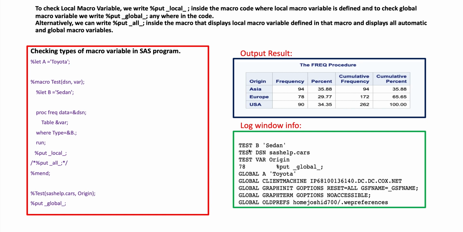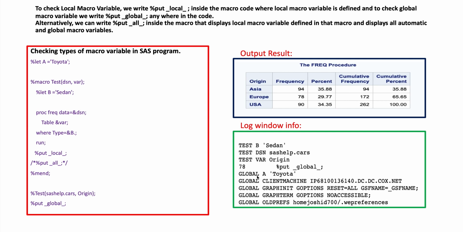That means test is the macro name, and B, DSN and var, these three macro variables, are inside this test macro. That's why these three variables are local macro variables. The value of B is sedan, the value of DSN is sashelp.cars, the value of var is origin.